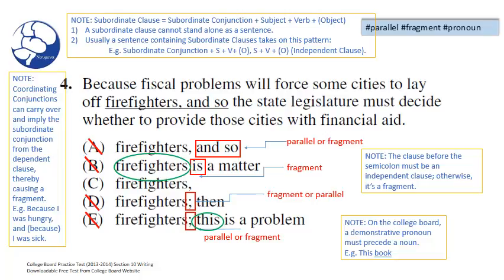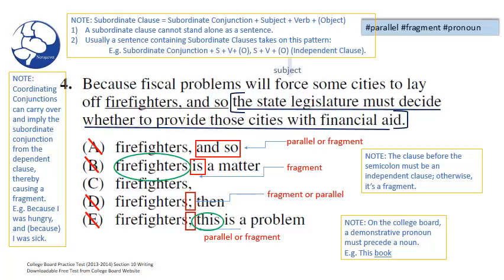Well, that leads us back to C. How do we know? Do we know confidently that C is our answer, Anthony Listening? Well, let's do a check. So we have, "because fiscal problems will force some cities to lay off firefighters." That's our original dependent clause.